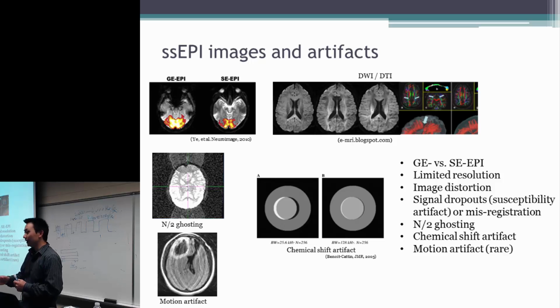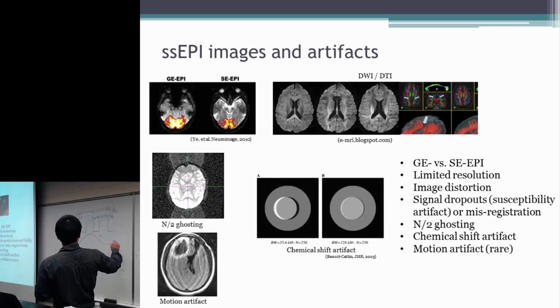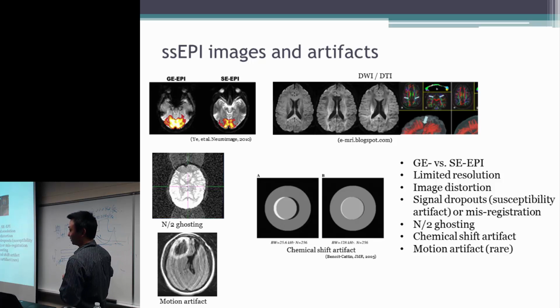So let's say this is fat and this is water. That means the spectral bandwidth of the RF pulse is actually quite wide, so it affects the water signal.